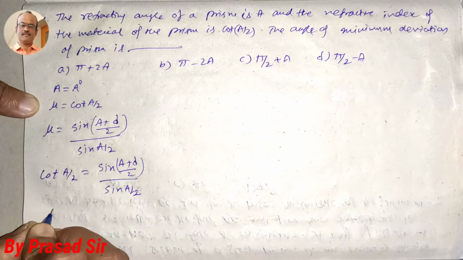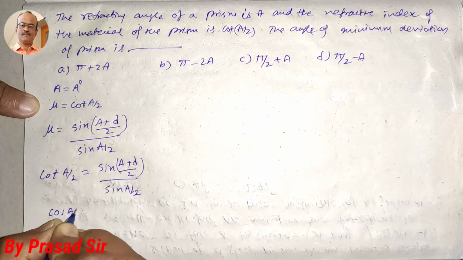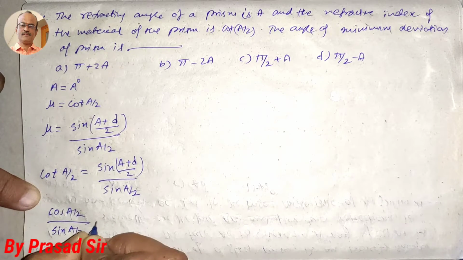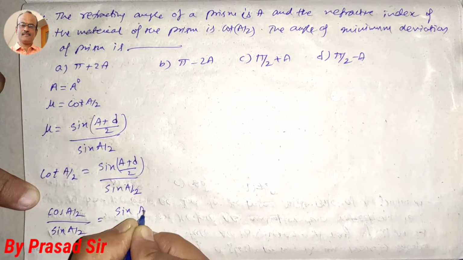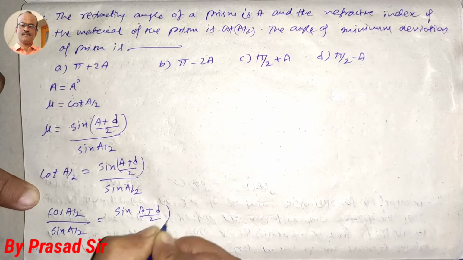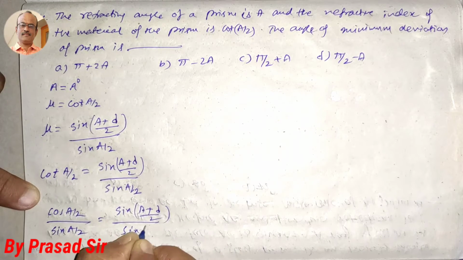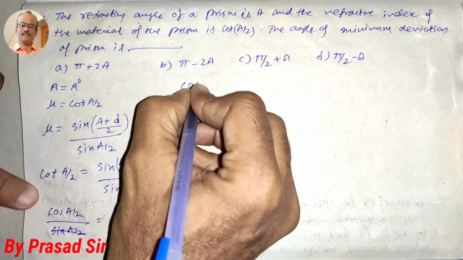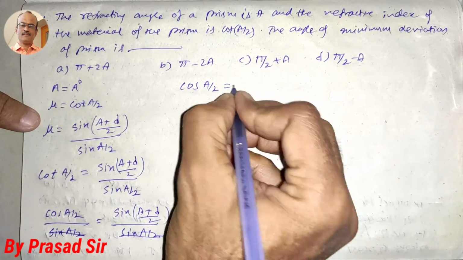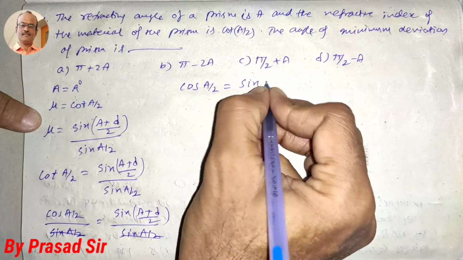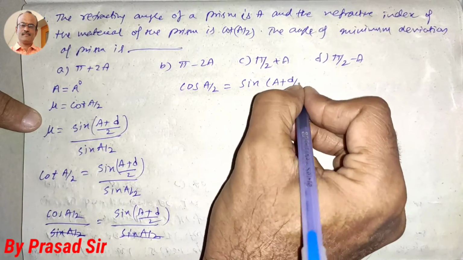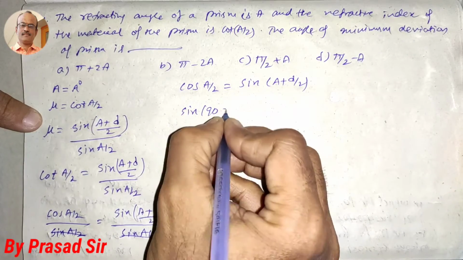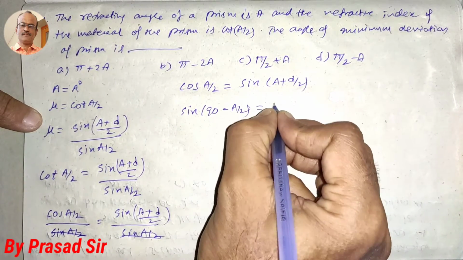Cot A by 2 can be written as cos A by 2 divided by sin A by 2, equal to sin of (A plus d) by 2 divided by sin A by 2. Both are cancelled. Here cos A by 2 is equal to sin of (A plus d) by 2. Cos A by 2 can be written as sin of (90 minus A by 2).